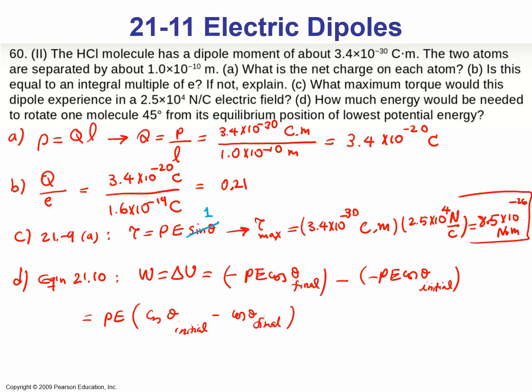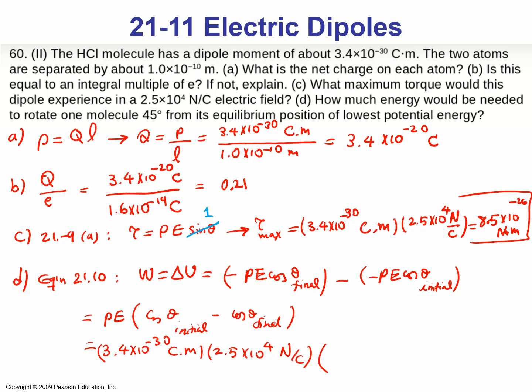Okay, so it's asking about rotating the dipole moment of one molecule 45 degrees from its initial equilibrium position of lower energy. So we say this is equal to 3.4 times 10 to the power minus 30 Coulomb times meter multiplied by the electric field of 2.5 times 10 to the power 4 Newton per Coulomb, multiplied by cosine of the initial theta, where the molecule is at equilibrium, theta equals 0.